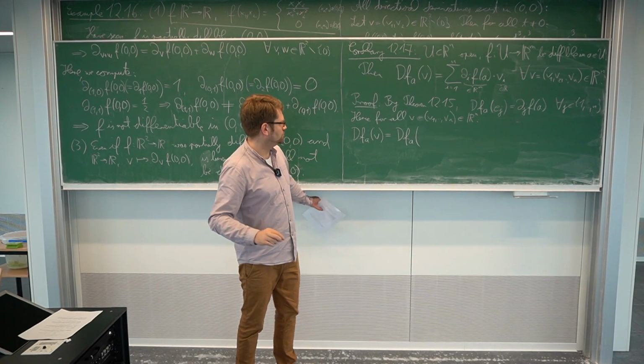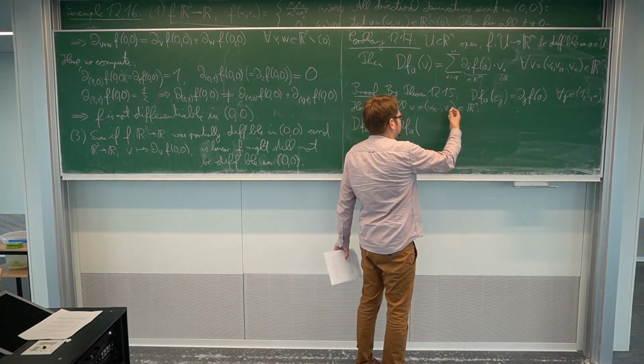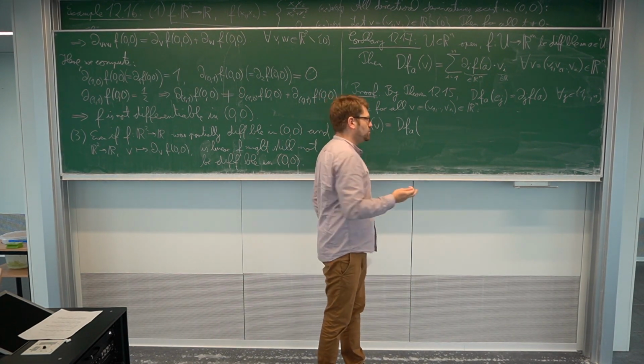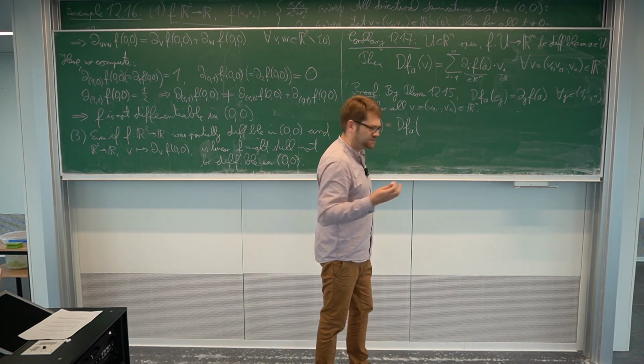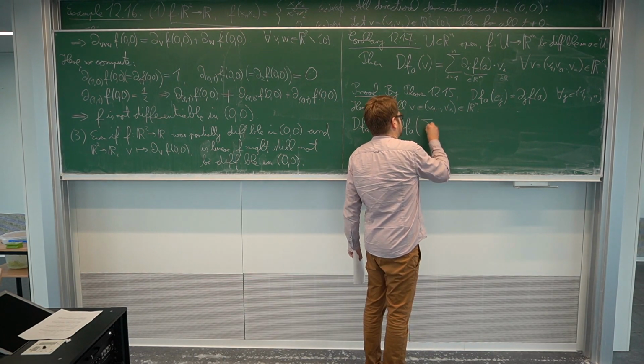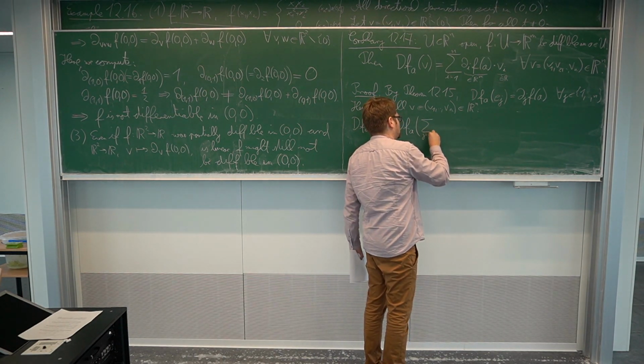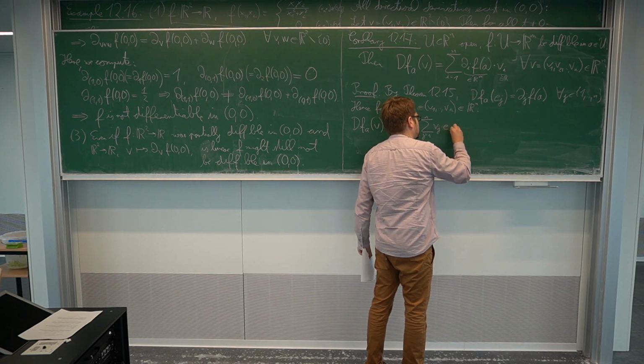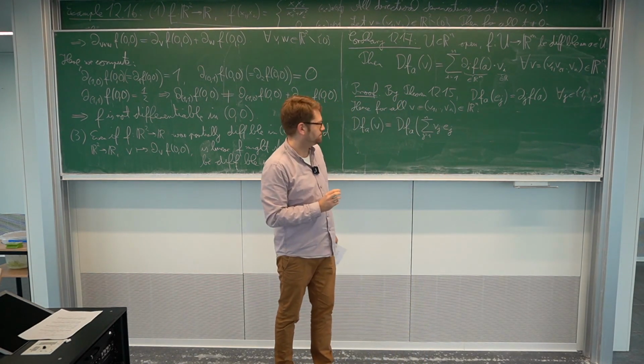That's the trick we already used a bit before. The entries of the vector are just the coefficients of the linear combination in terms of the canonical basis. Meaning this is the same as the sum from j equals 1 to n of v_j times the j-th canonical basis vector e_j.